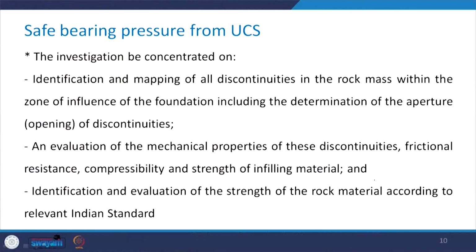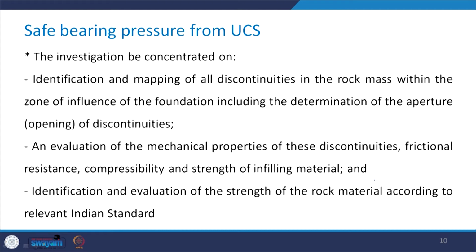So, the investigation should be concentrated on the identification and mapping of all the discontinuities in the rock mass within the zone of influence of the foundation, including the determination of the aperture or the opening of discontinuities. Now, how to determine what is going to be the zone of influence of the foundation?